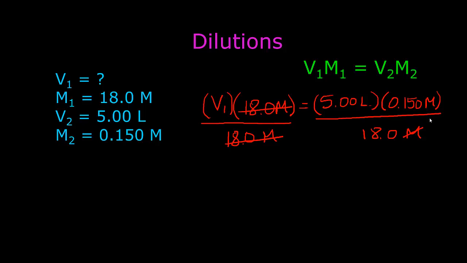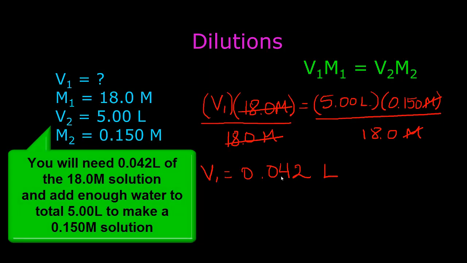I've got a molarity on top and a molarity on bottom, so they go away. And the only units I'm left with is liters. So my V1 is going to equal 5 times 0.150 divided by 18, which is 0.042 liters.